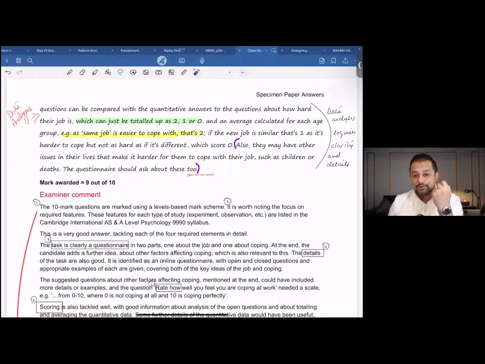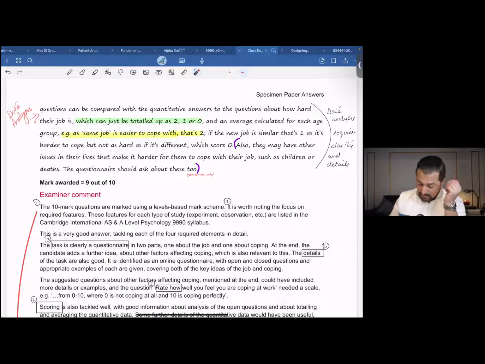I don't think this was required because the question did not demand this. Nonetheless, the examiner thinks it's a good idea, but I think if you bring in more clarity or description of the essential requirement of the question, that would help you better instead of introducing something that you were not asked for.